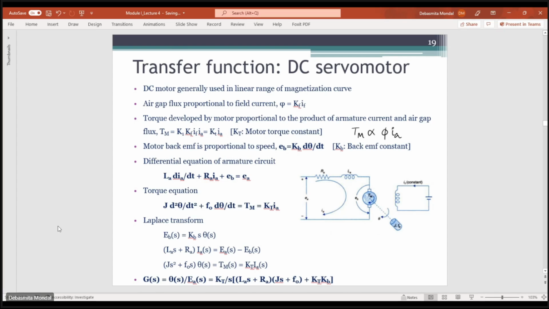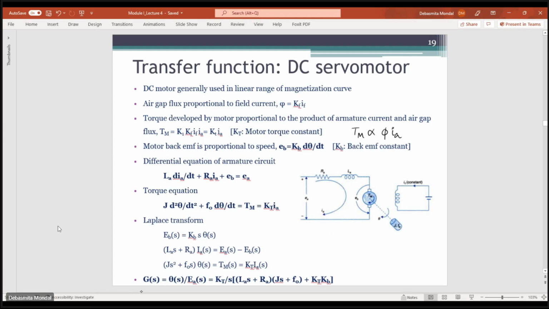Now the back EMF which is produced by the motor is proportional to the speed of the motor, and that is given by this equation: Eb equals some constant K into the rate of change of the angular position. So if you take this first loop, you can write the differential equation.